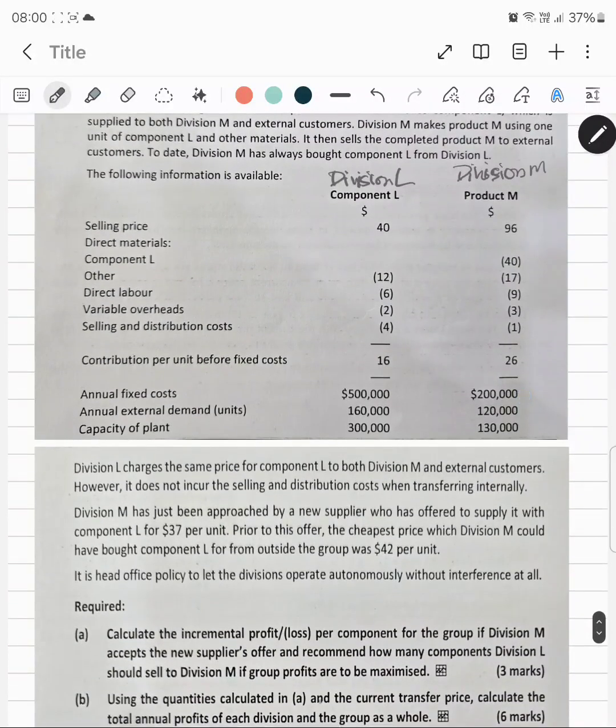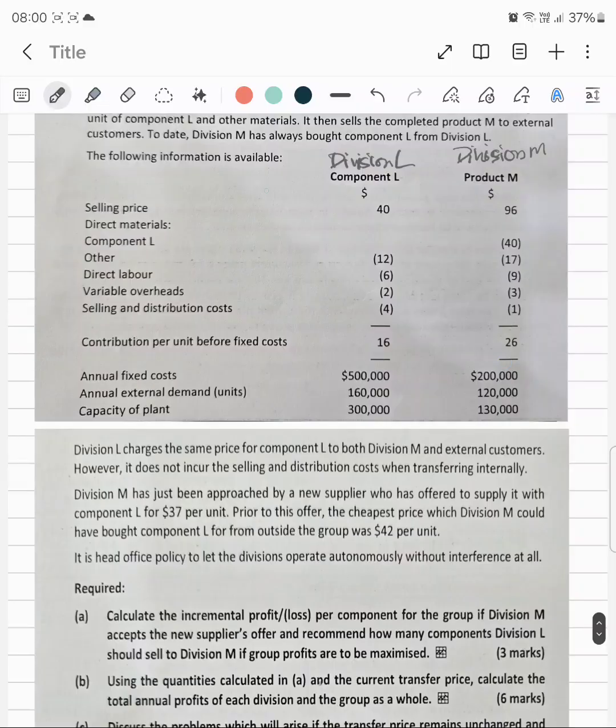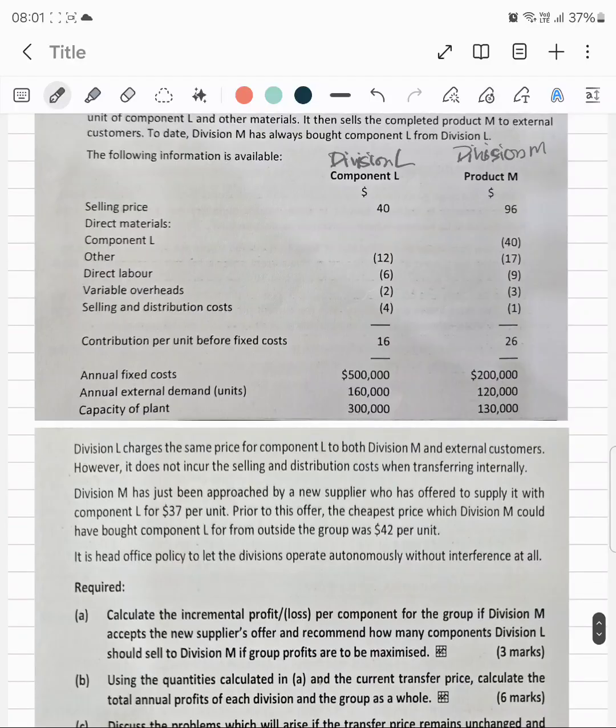So cost has been given, and the selling price for component L can be used as the internal transfer price as well.